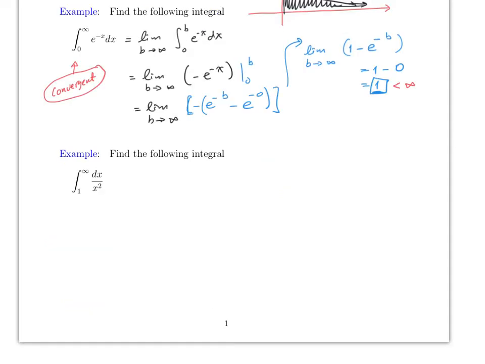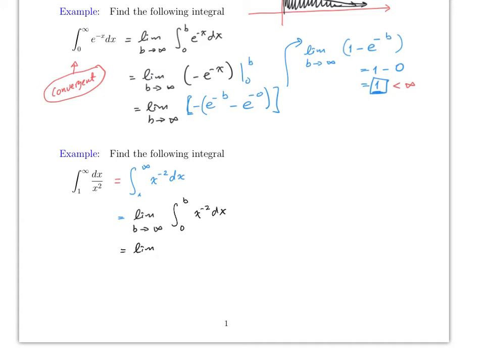Right, let's try the next one. Remember that this is the same thing as the integral from 1 to infinity of x to the negative 2 dx. And because the limit of integration is infinity, this is going to be the limit as b goes to infinity. By the way, there is nothing special about b. You can pick any variable except x, so you don't get confused. Of the integral from 1 to b of x to the minus 2 dx.